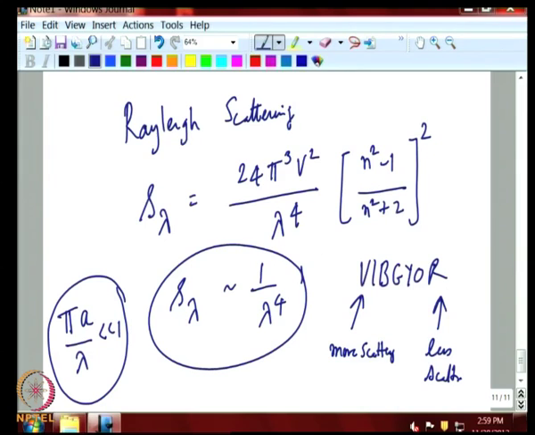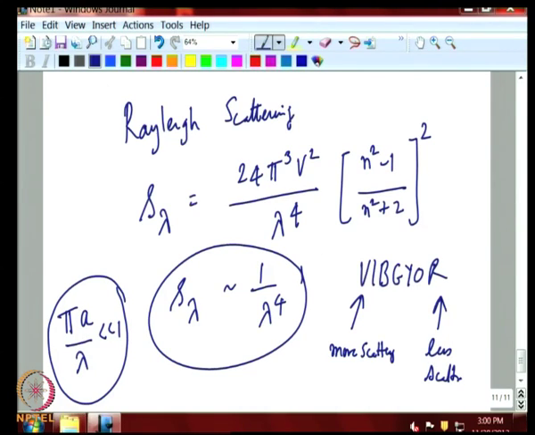So, it only applies to scattering of light by molecules, but if you look at all of the particles we discussed, like the scattering by soot particles in a furnace, scattering by liquid droplets in the atmosphere, scattering by ice particles, there this equation will not be valid, because we cannot satisfy this condition that the radius of the particle is much smaller than the wavelength of light.